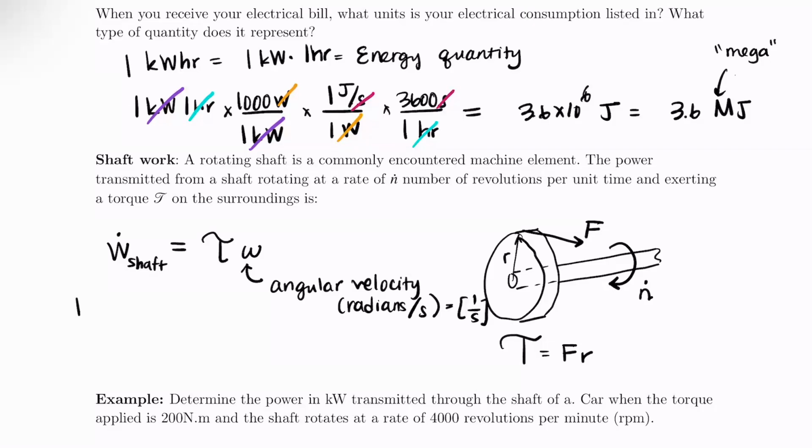All right, so if we have n dot, which has units of revolutions per minute, we can convert to omega by the following. So we have omega is equal to 2 pi n dot over 60. And this gives us radians per second.